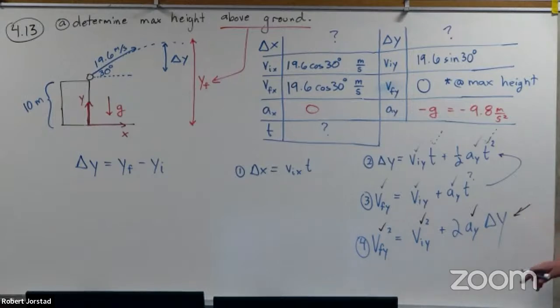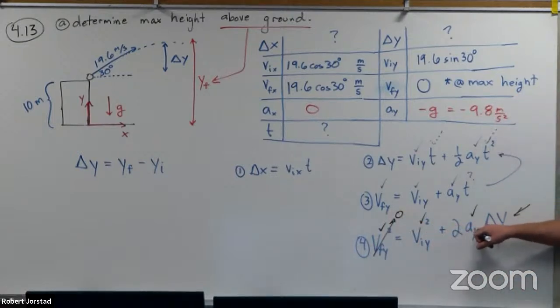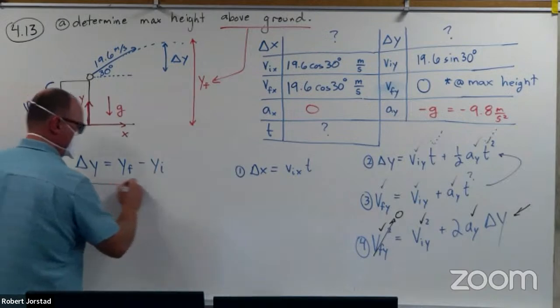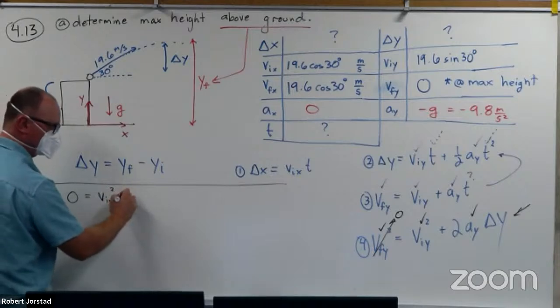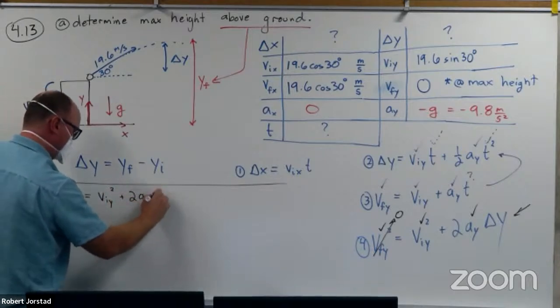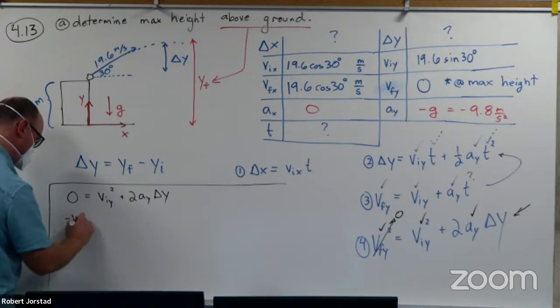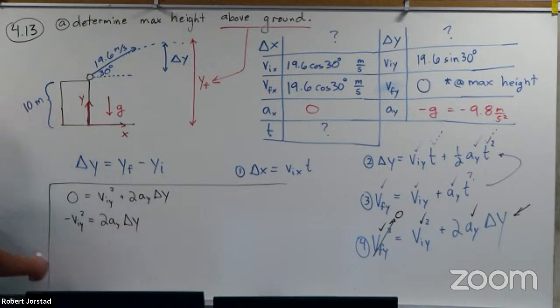See what I'm saying? If we know this is 0, this is some number, this is negative g, we've got it. I'm going to bring that over here. We always plug in the zeros. I'm going to solve this for delta Y. This is what I mean by solve it algebraically before you plug any numbers. In this case, remember, this minus sign is not canceled by that square.